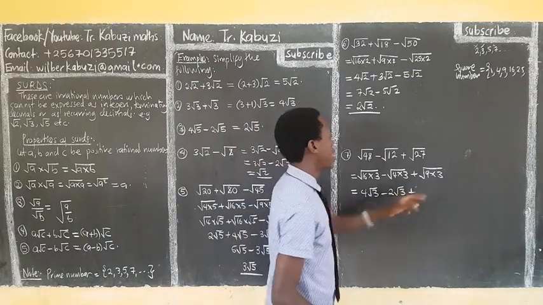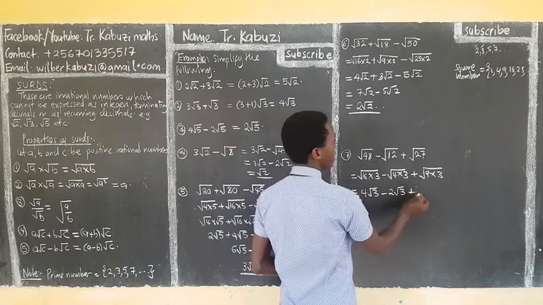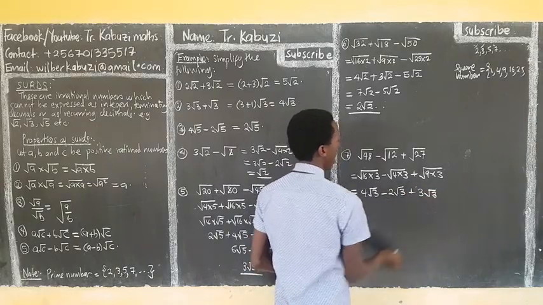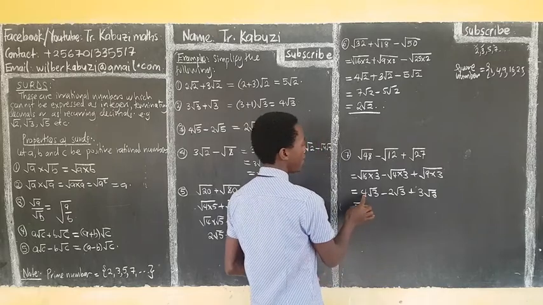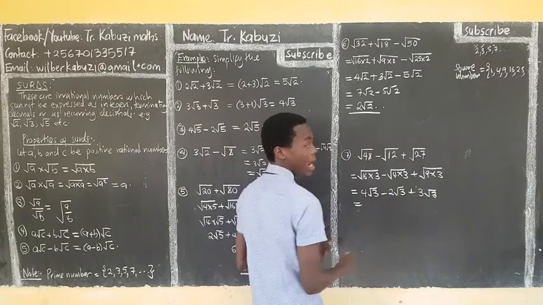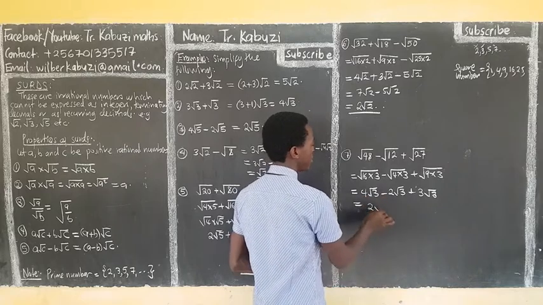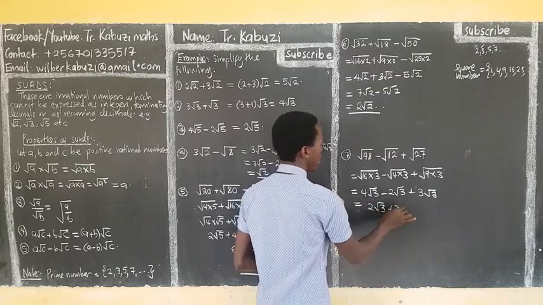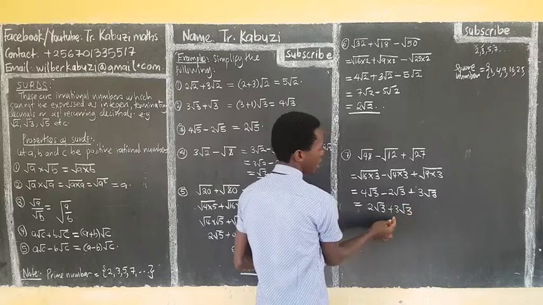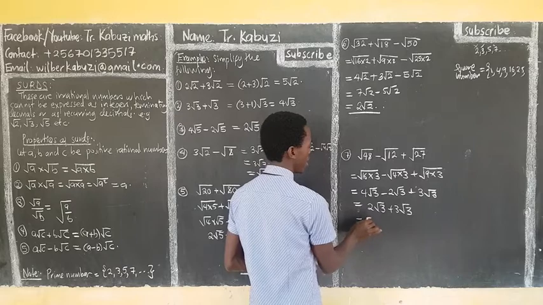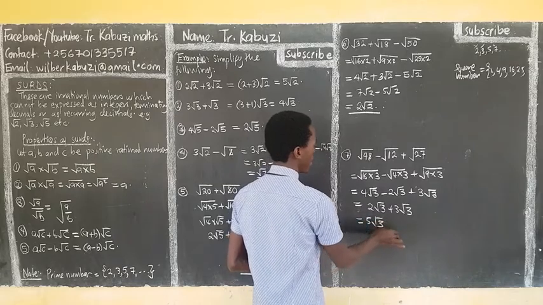Then plus, square root of 9 is 3, and square root of 3 remains there. So now can you simplify? The same, so you can add and subtract. 4 minus 2, we get 2 root 3, then plus 3 root 3. Then we see the same, so we can add 3 plus 2, we get 5 root 3.